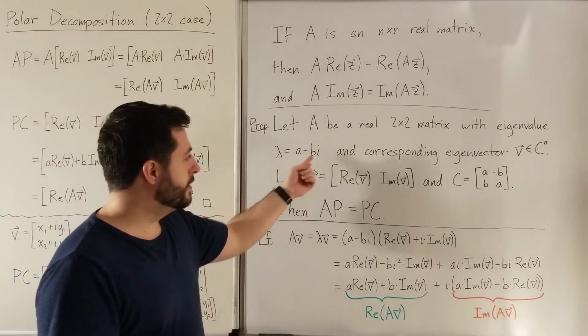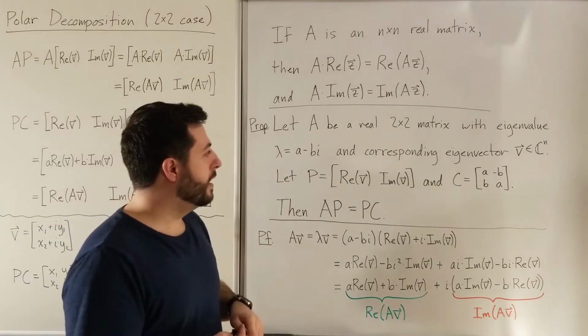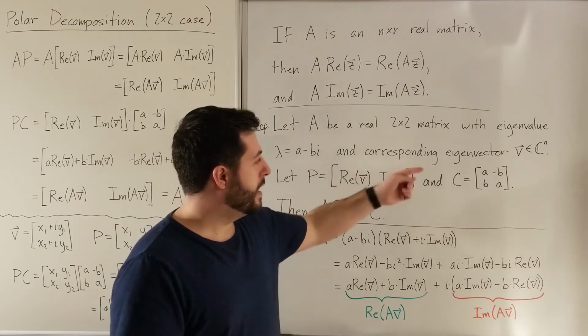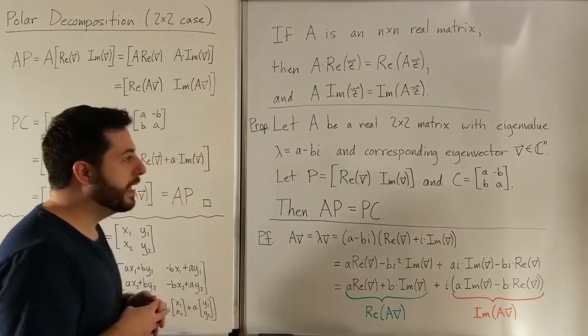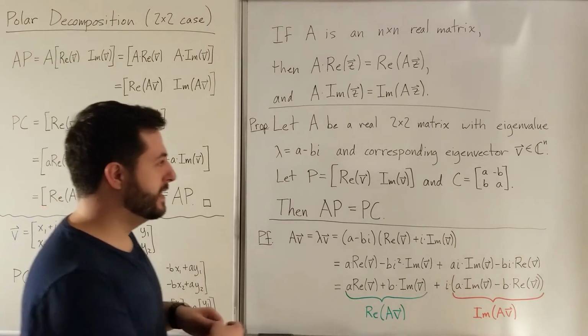I just choose to write in this format for some convenience for later on. So a minus bi is one eigenvalue that I'm choosing here to use, and we have a corresponding eigenvector v, and in general v is going to be in C2.